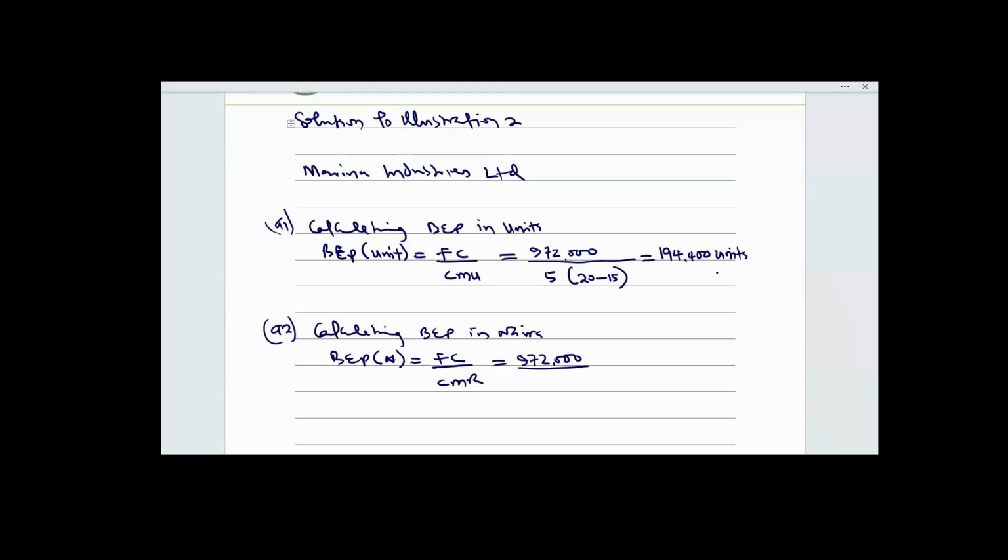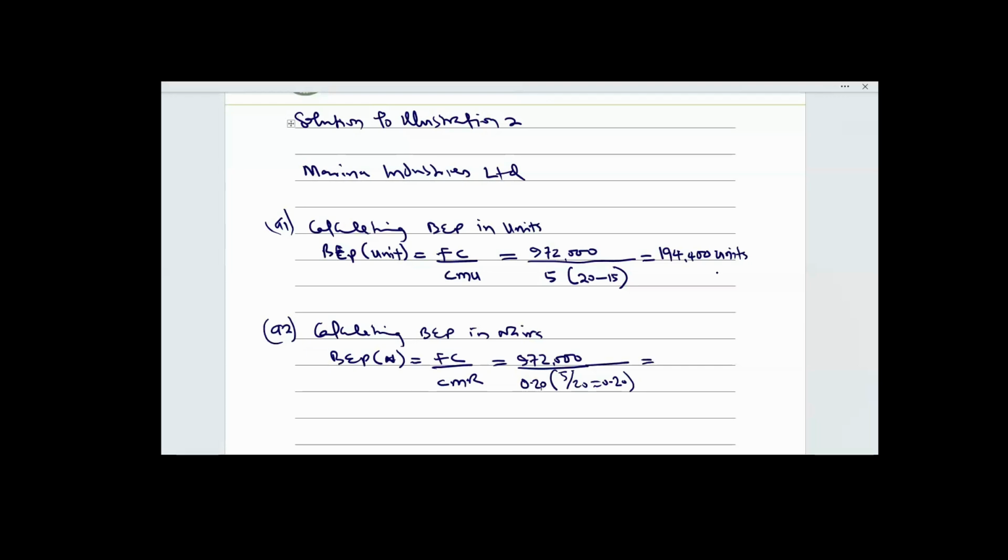Selling price is 20 naira. Contribution margin per unit is 5 naira. Therefore, 5 divided by 20 will give me 0.2. So what do you then get?